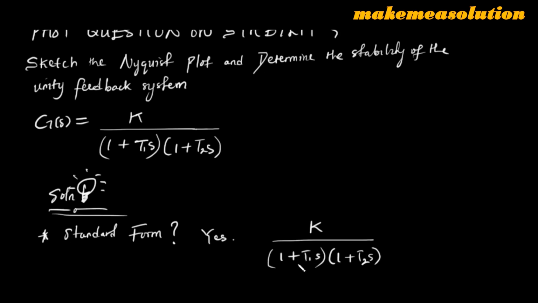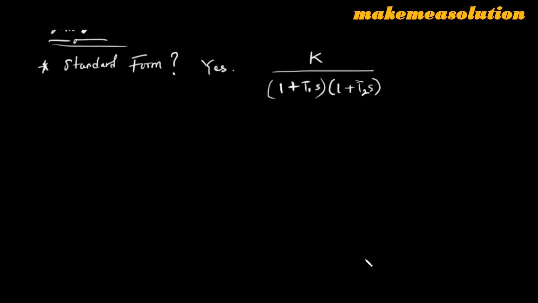Standard form is whereby the factors are expressed such that we have 1 plus time constant before s, then 1 plus time constant before s, and so on and so forth. It must always be like this in standard form. So if the check for standard form is complete, then the next thing we want to do is to also make sure that the time constants are arranged in decreasing order.